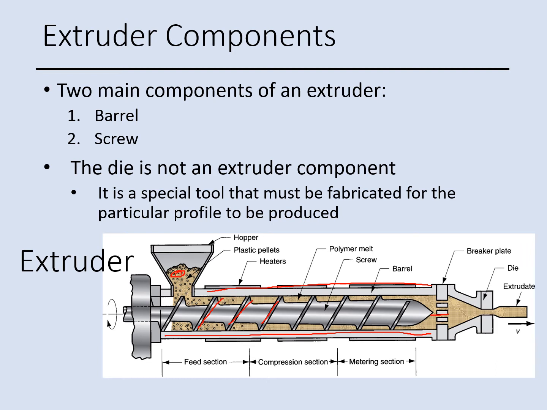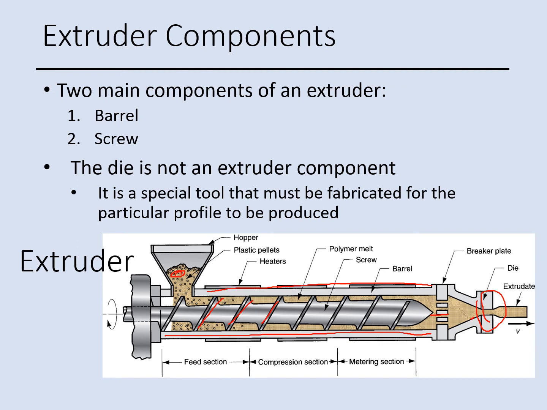And the die, which is located here, is not an extruder component, and this die can be replaced, and we can place a different die for every component depending on the application. So we can design a die and put it at this side of the machine and make different profiles, different products.